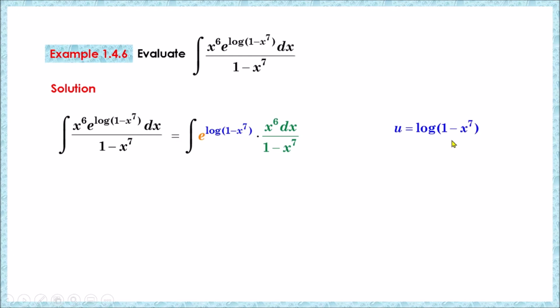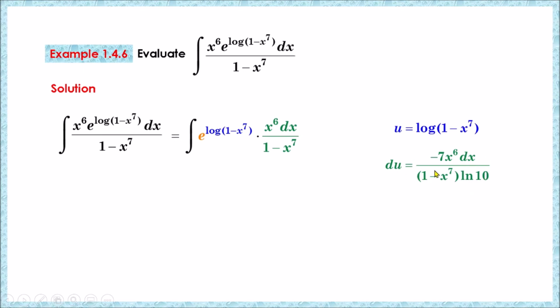Here, our u is log of 1 minus x to the 7. Taking its differential, we have derivative of the argument of log, that is negative 7x to the 6 over 1 minus x to the 7 times ln 10, then multiplied by dx.